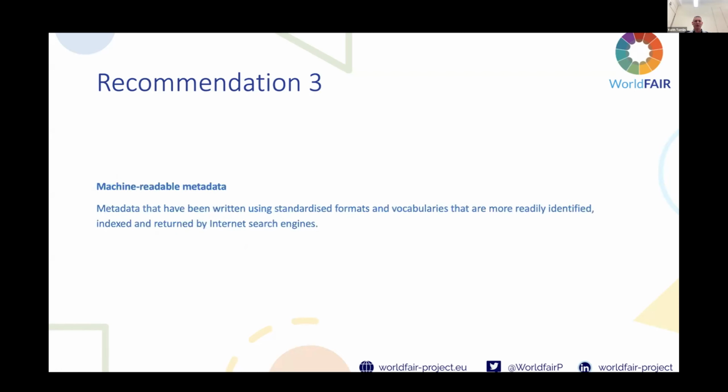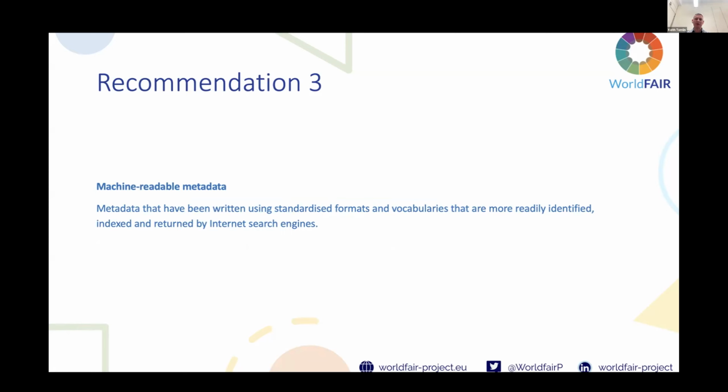I'm not going to dive too much into the technicality around all of these things, but there are some fundamental principles. So when we talk about machine readable metadata, we're talking about metadata that's been written using standardized formats and vocabularies that can be readily identified and indexed and returned by internet search engines. This indexing and identification is not relying upon any kind of human input.